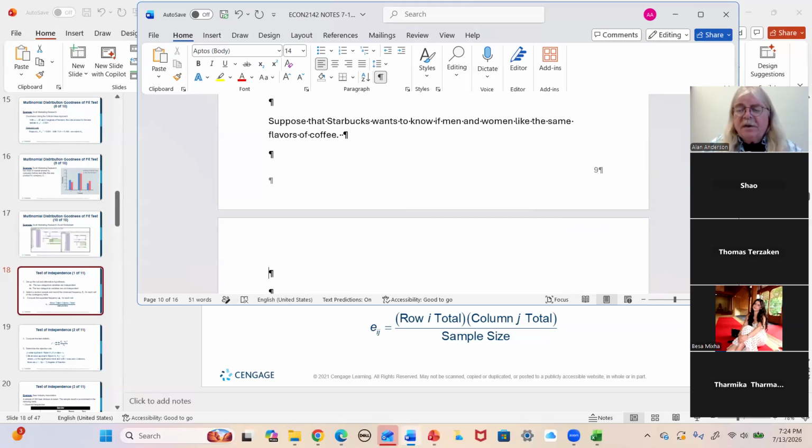If they find that there's a connection between the two, then they might find other ways of marketing their products. They might say, well, maybe if the women like this flavor better and the men like this flavor, we should promote it in different ways than we're doing now. So this would be what we mean by a test of independence, or maybe movie theaters.